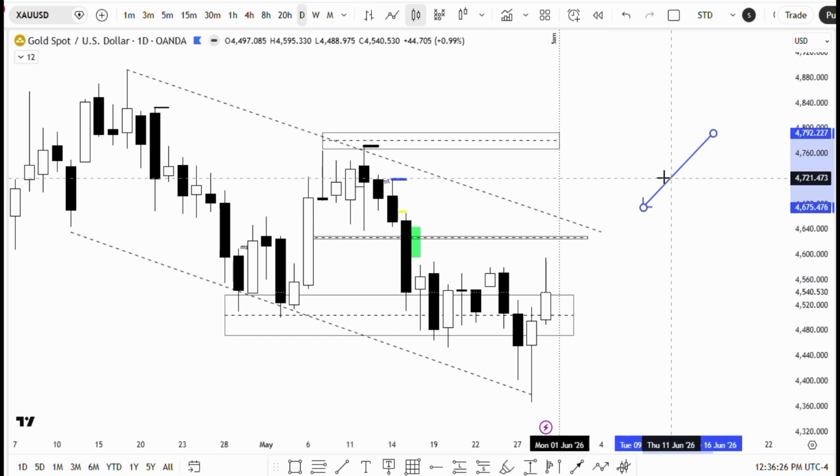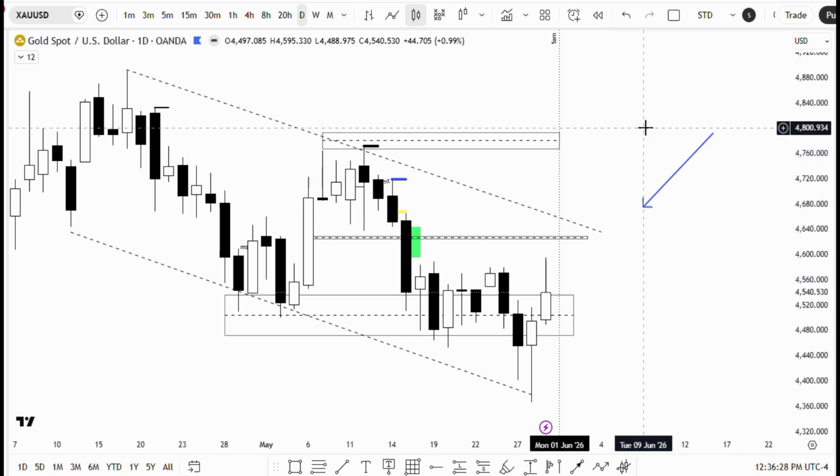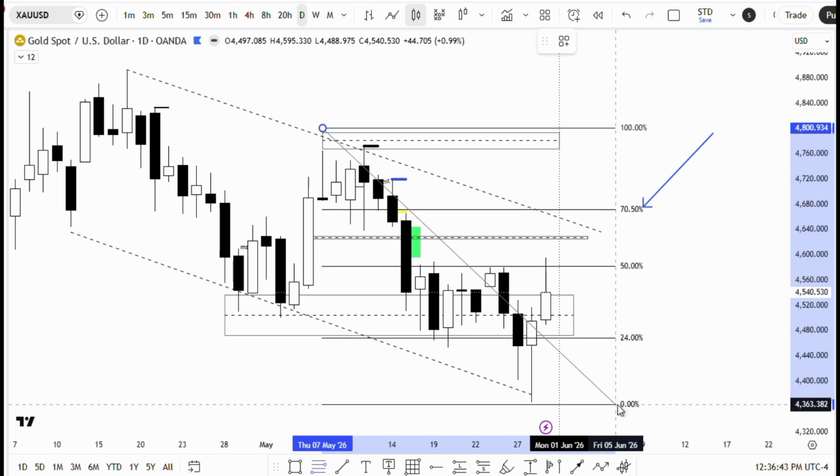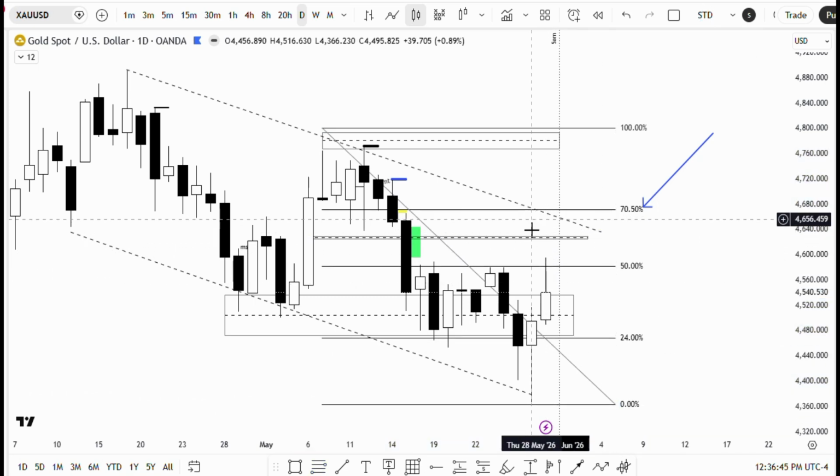The other thing I'll mention, and don't think too hard about this part, is I use a model called a two-step model. Don't worry about it. It's simply an XAB leg. If I take a fib and run it from this high to this low, I can see that price is inside my kill box.